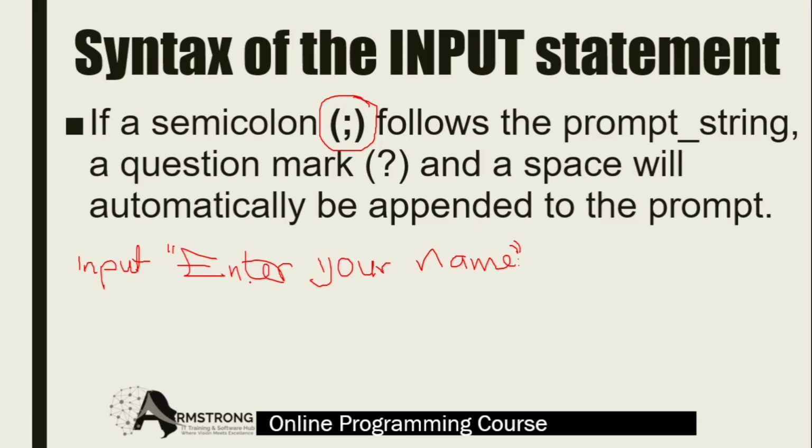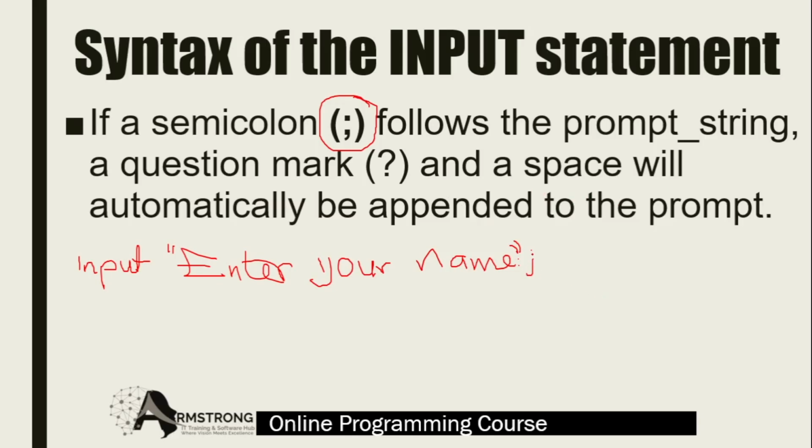So after the prompt message, you can see that we will be having a semicolon. What this semicolon does is that, after the prompt, the semicolon followed by the prompt simply puts a question mark and a space.